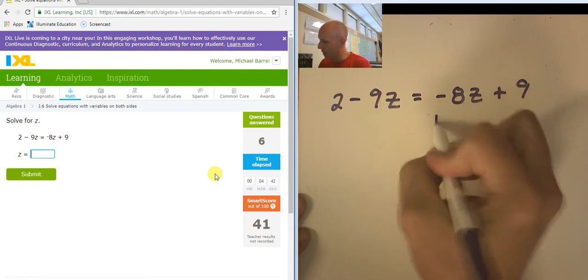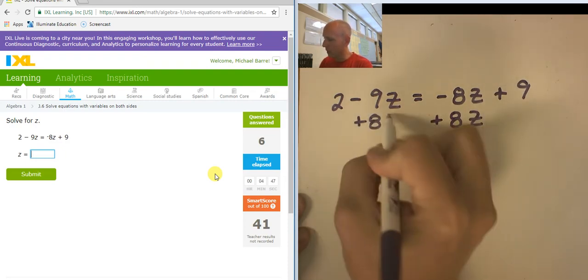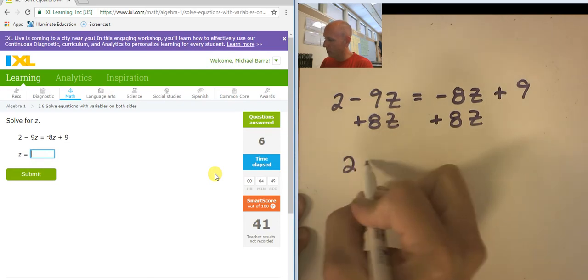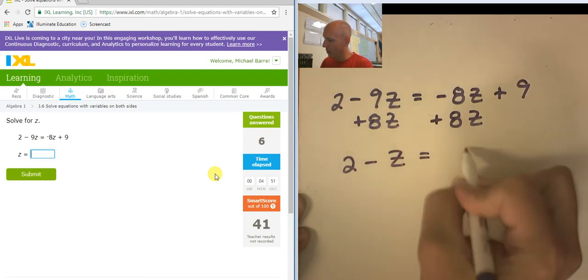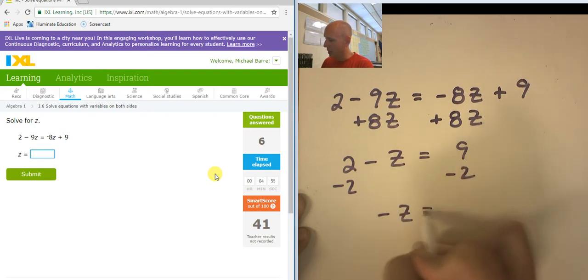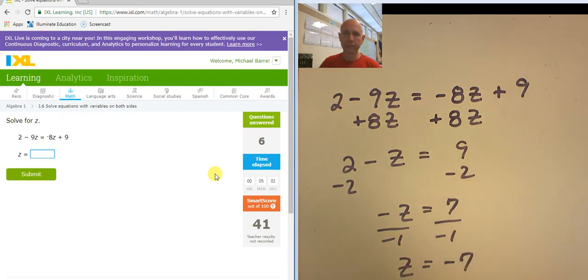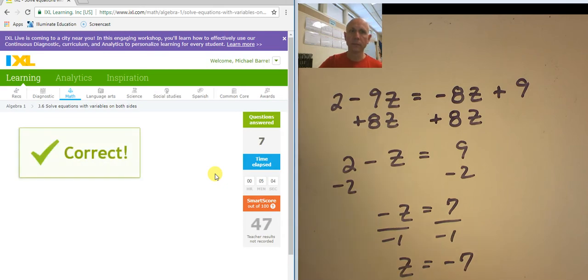I'm going to add 8z, but you could go either way on this and be just fine. So 2 minus z equals 9. Subtracting 2 from both sides, so negative z equals 7. Dividing both sides by negative 1, z equals negative 7.